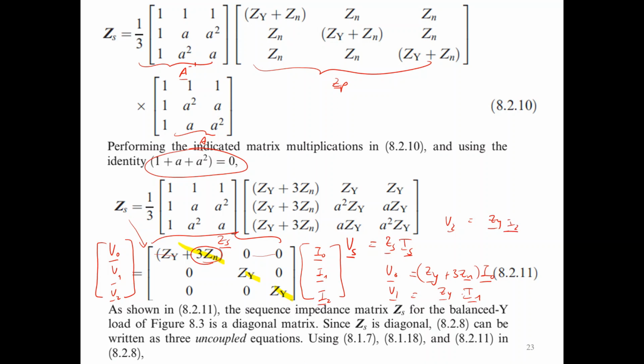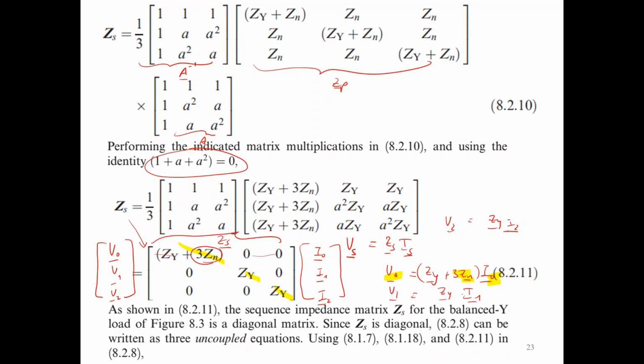What is the conclusion? The neutral impedance plays a role just in the zero sequence. This is very important. You still remember that if we have balanced operation, we don't have the zero sequence, and if you have balanced current, you don't have any neutral current.